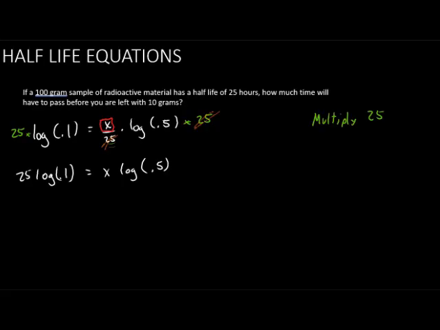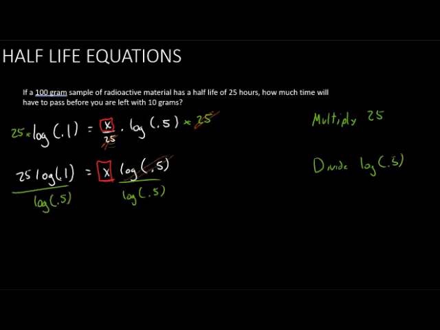Once again, we're still trying to go for x. Therefore, now I can divide both sides by log of 0.5. We will cancel out log of 0.5 on the right. So now we'll have x equals 25 log of 0.1 over log of 0.5. We can go to a calculator and simplify that.